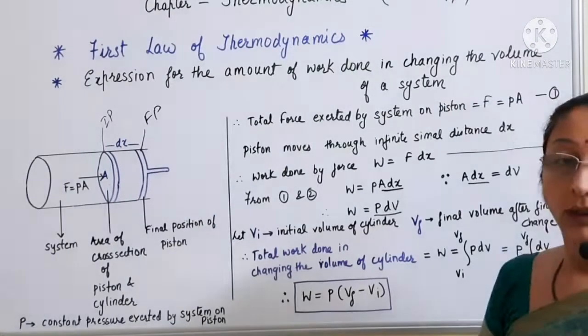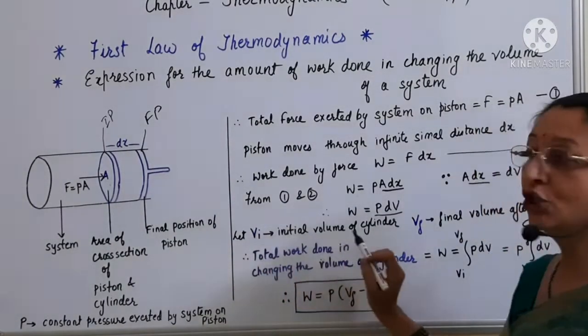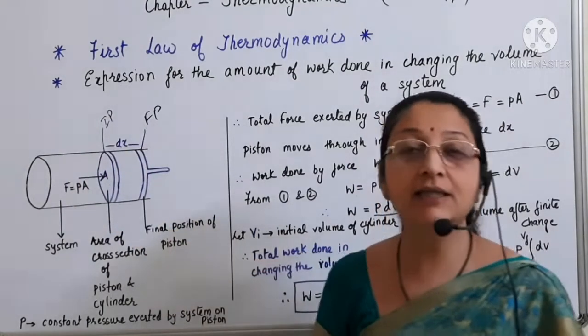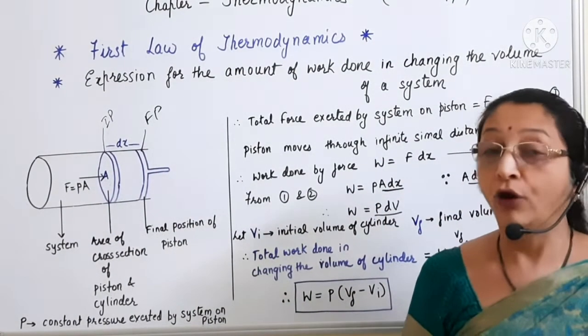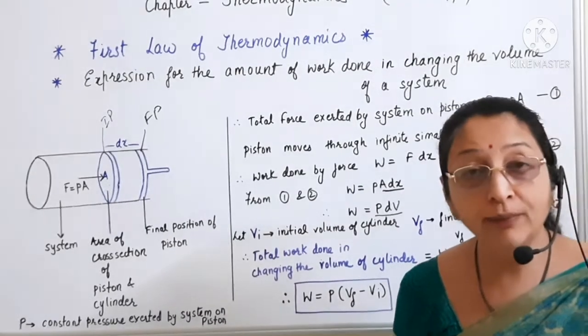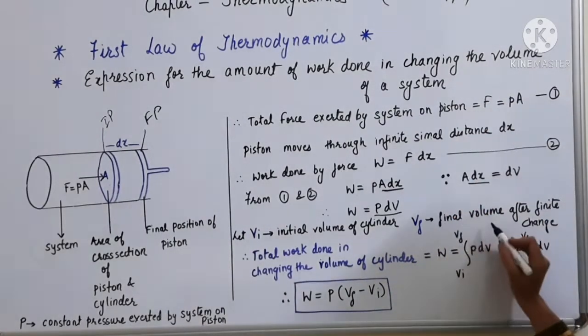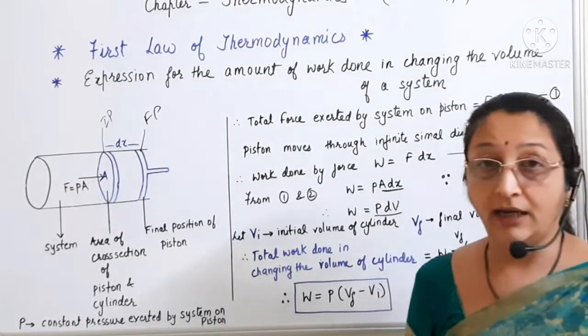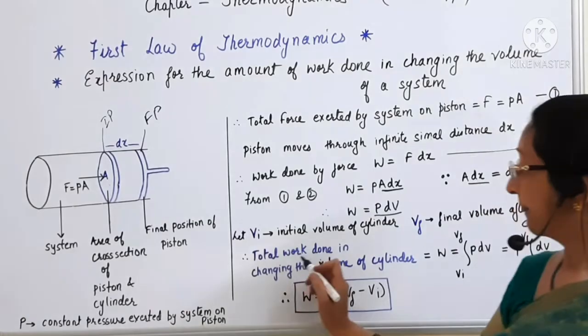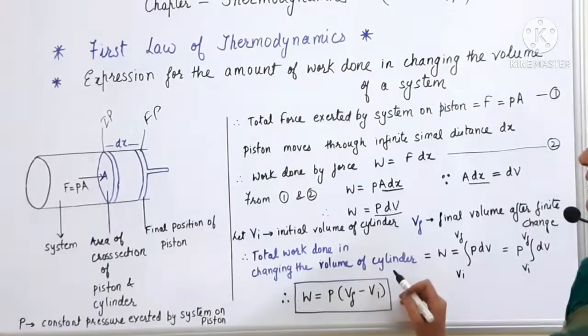Now, let VI be the initial volume. Initially the volume of the cylinder was VI. Now, due to the force exerted, the volume has increased. So now the volume is VF, the final volume of the cylinder.